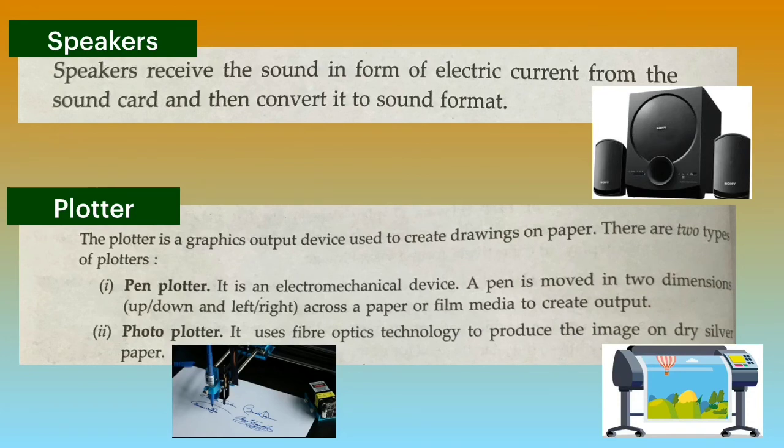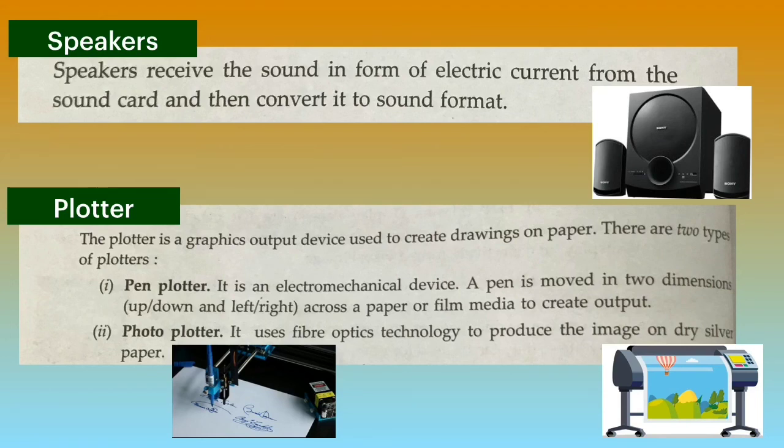Now the second one, the pen plotter. It is an electrical device. A pen is moved in two dimensions, up and down and left and right, across the paper or film media to create output.